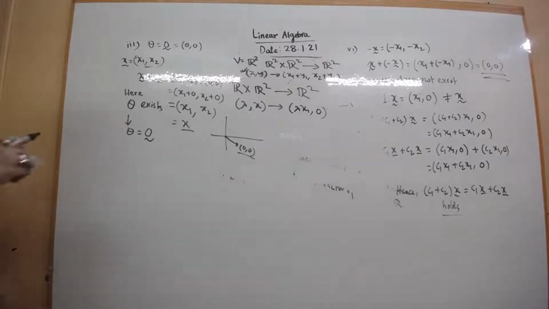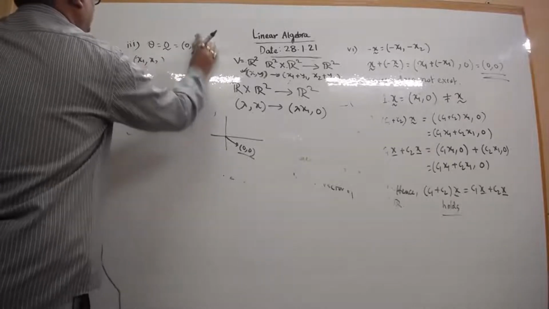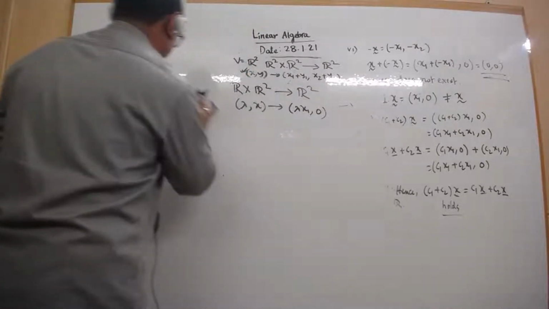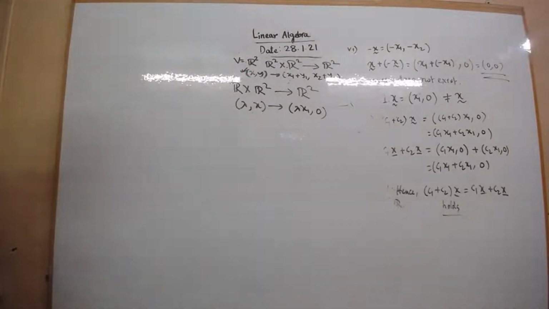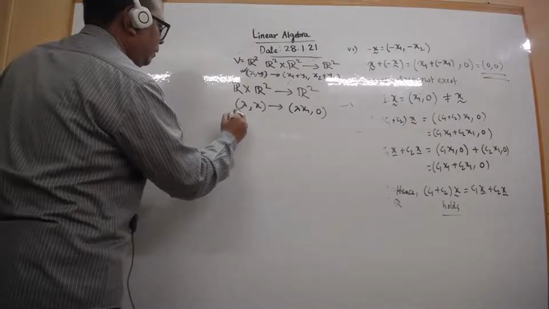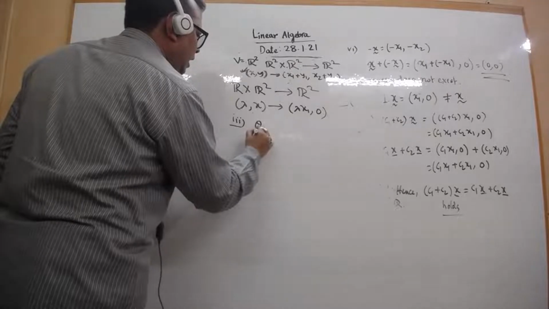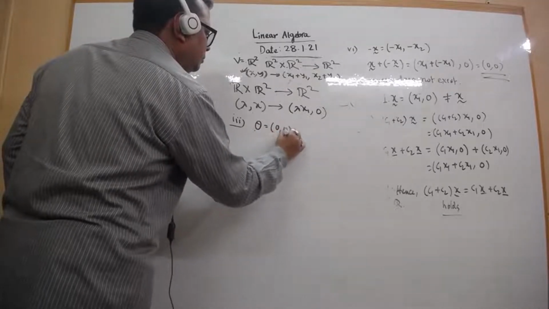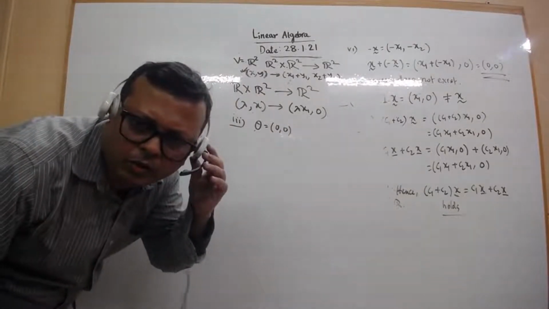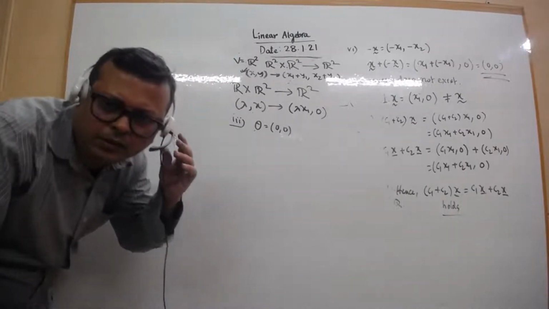Okay, so I take the null element theta equal to (0, 0). Now, earlier we showed that the non-existence of a null element means it is not a vector space.